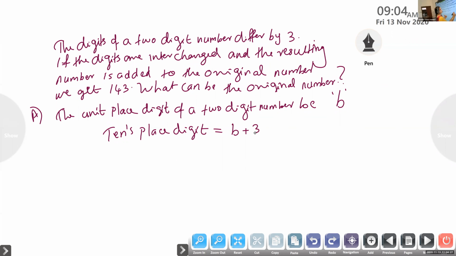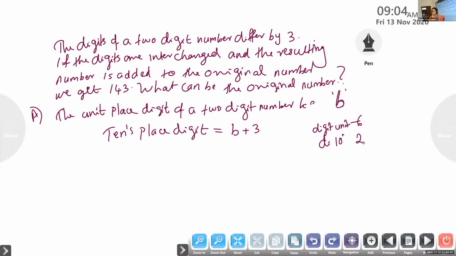See, 26. 6 is the unit place digit, 2 is the tens place digit. If 26 is not given, only this much is given: the digit on unit place is 6 and the digit on tens place is 2.